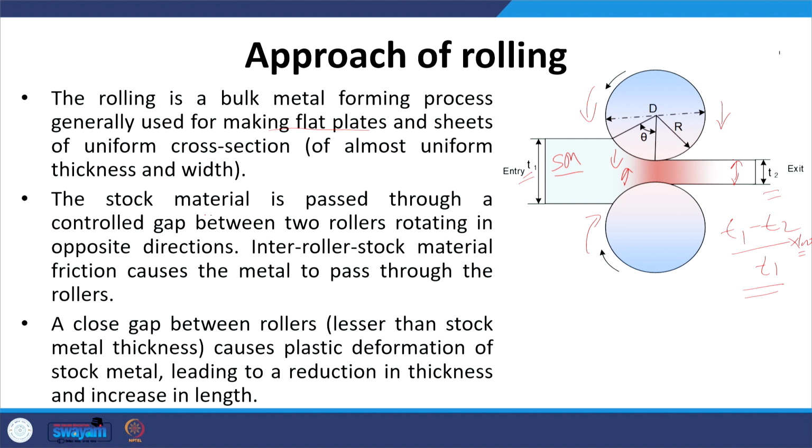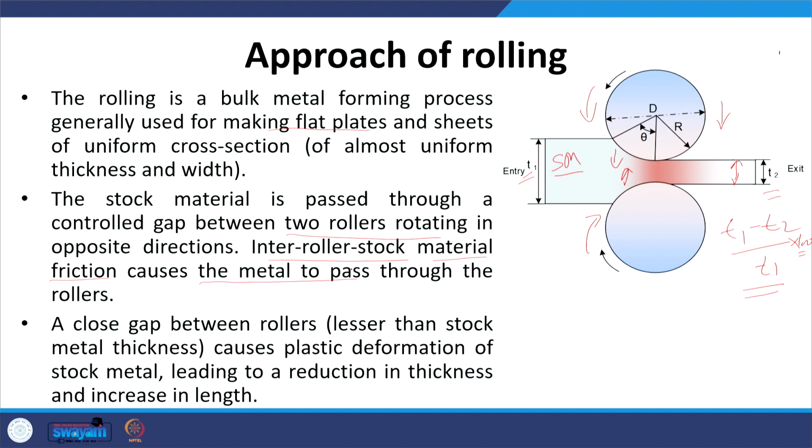So, the stock material is passed through a controlled gap between the rollers, which are rotating in opposite directions, and friction between the roller and the stock material basically pushes the raw material through the rolls to cause plastic deformation. This friction is responsible for pushing the material through the rolls.